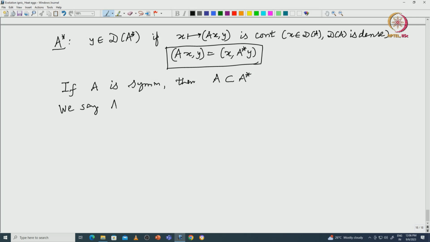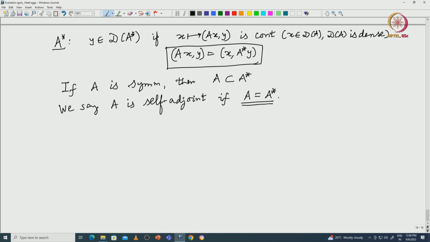But okay, we say, so this is again a definition, A is self adjoint if A and A star are the same. Okay. So, again let me stress.